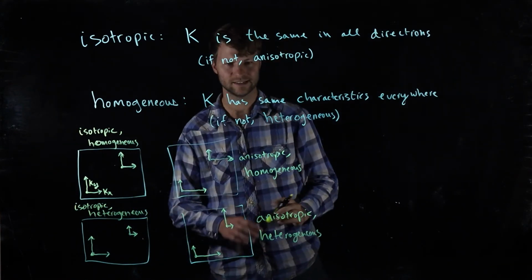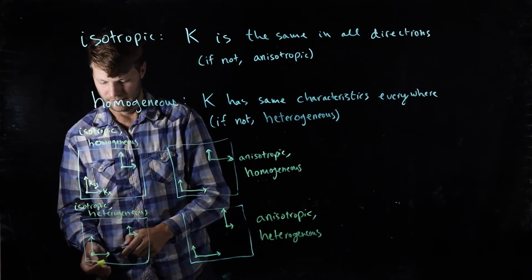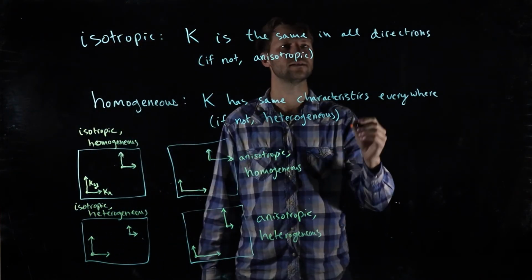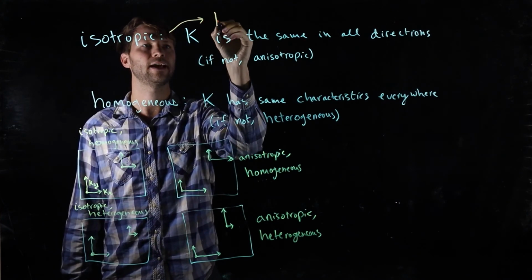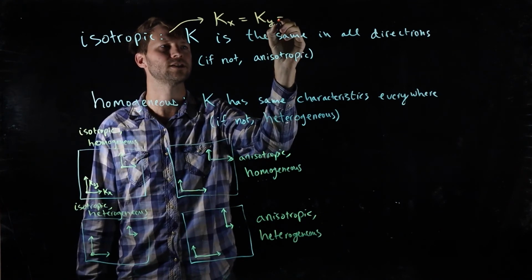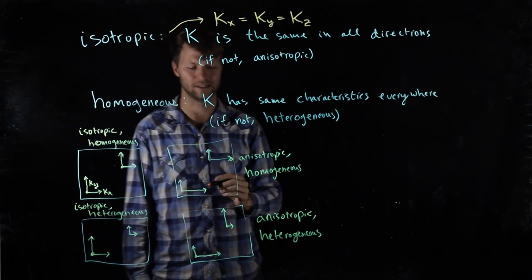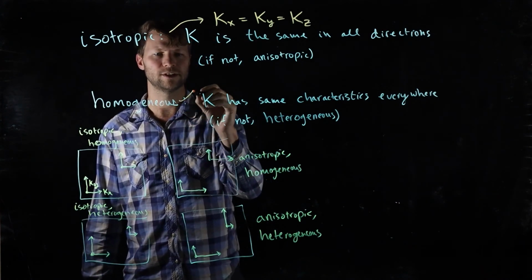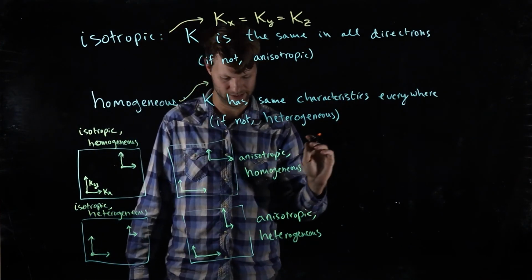To formalize these definitions a little bit more, in the isotropic case, K in the x direction is equal to K in the y direction, and if we're considering 3 dimensions, it's the same in the z direction. In the homogeneous case, K doesn't change as we move in space.